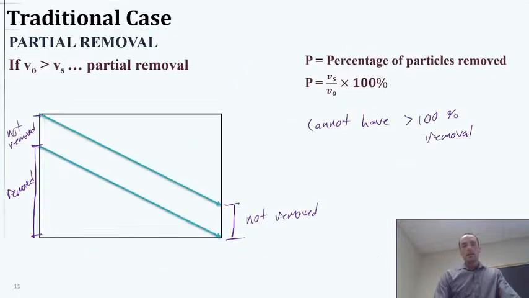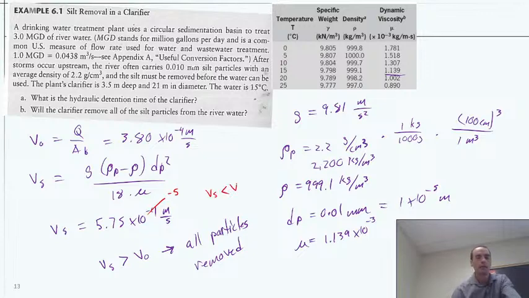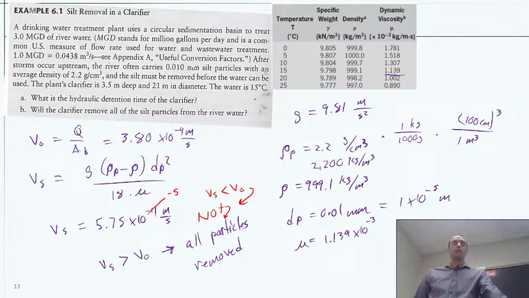Then we went on to this problem, and I later realized I think I had a calculation error somewhere in my Excel sheet, because I think this was supposed to be 10 to the minus fifth, and then Vs was less than V naught, and so that means that not all particles were removed. Feel free to double check that as you go through the calculations.